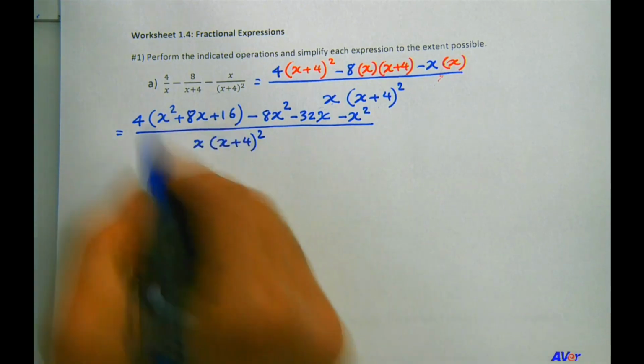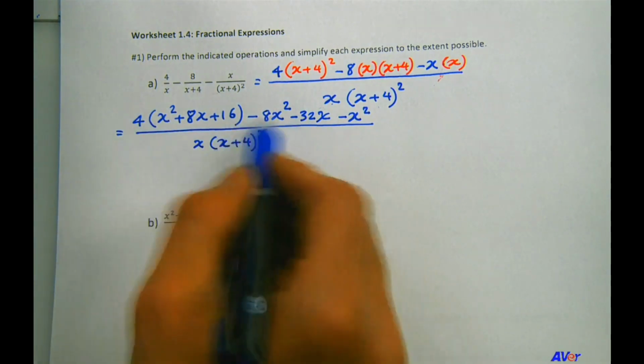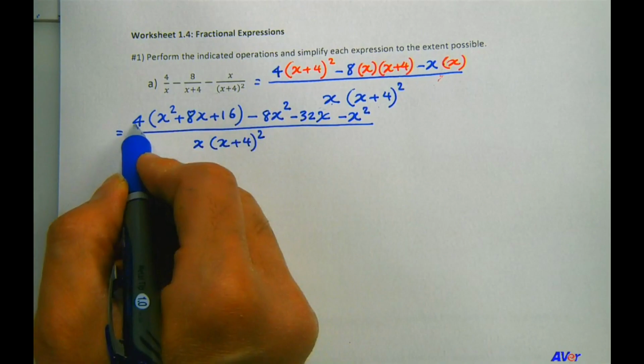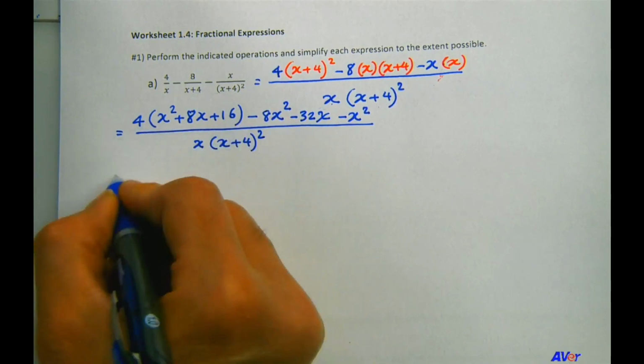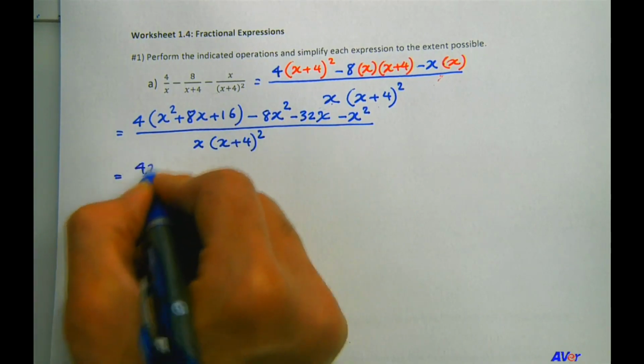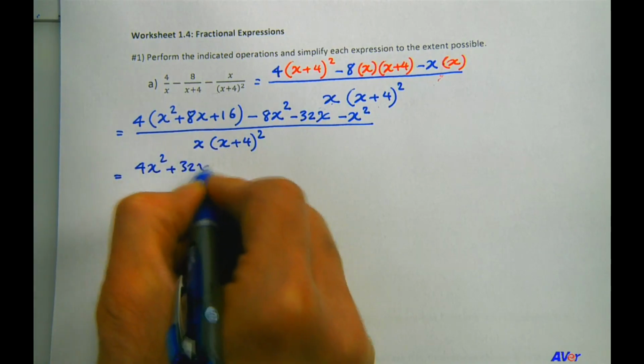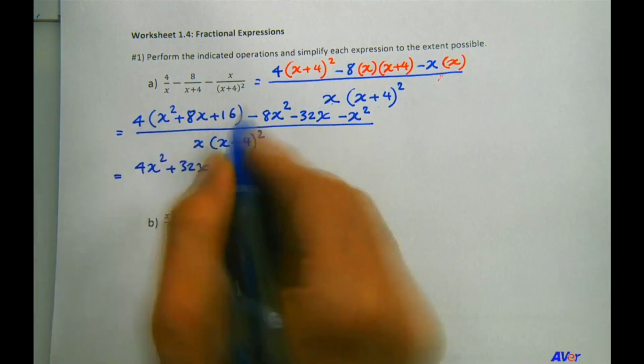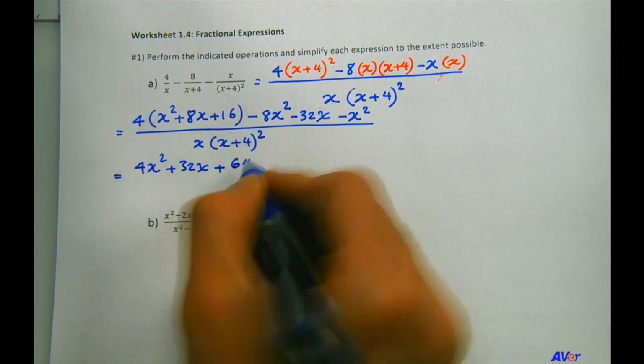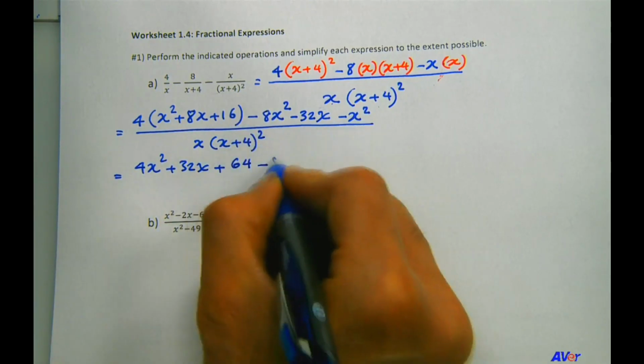Okay, in the numerator, we're almost there, but I need to distribute this 4 into that. So 4x squared, 4 times 8x is 32x, plus 4 times 16, 64. Right? Now let me write the rest of it.